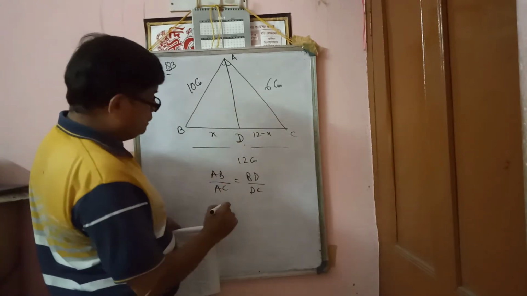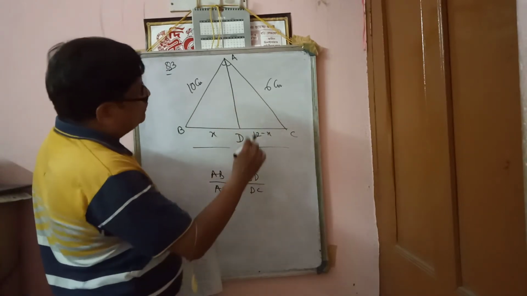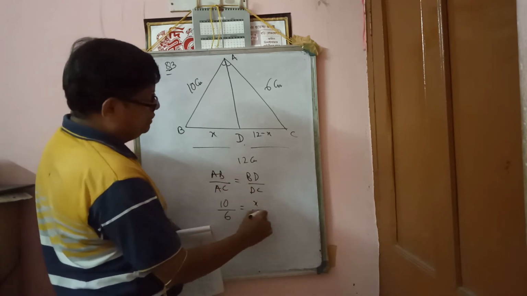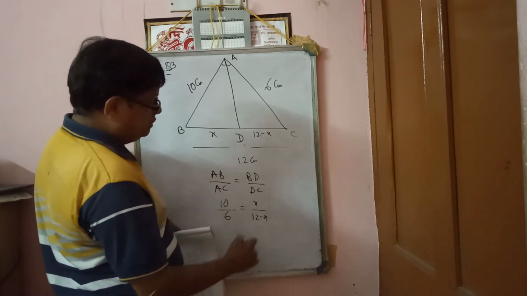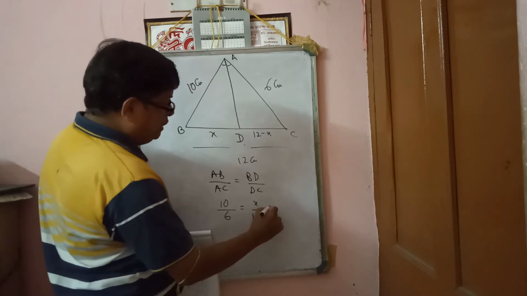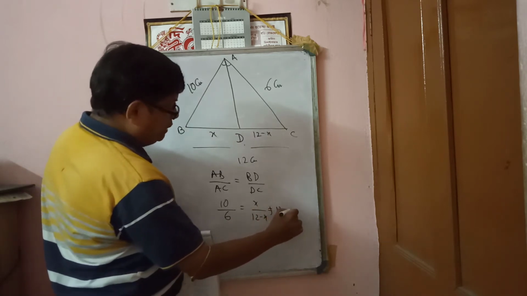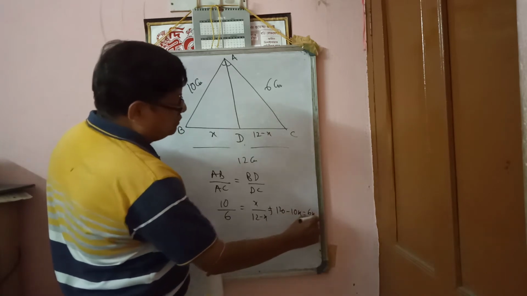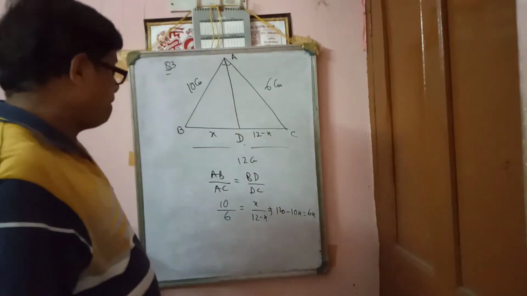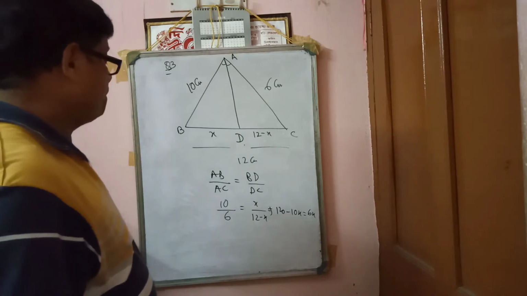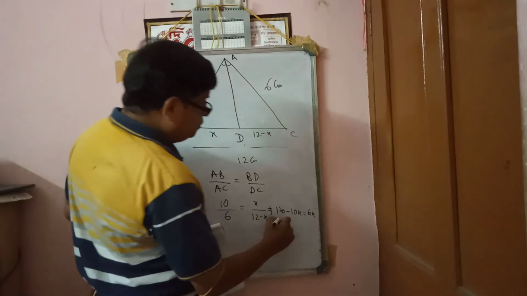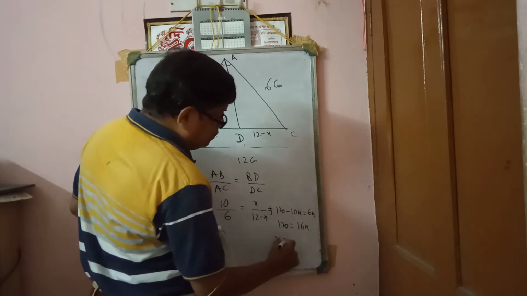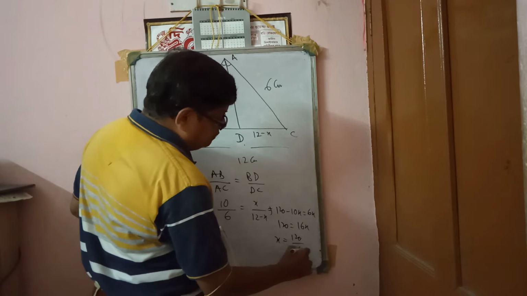The value of AB is 10 centimeter, AC is 6 centimeter, BD is X, and this is 12 minus X. Now multiply: 120 minus 10x equal to 6x. So 120 equal to 16x.